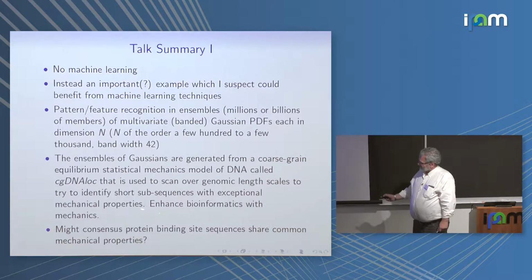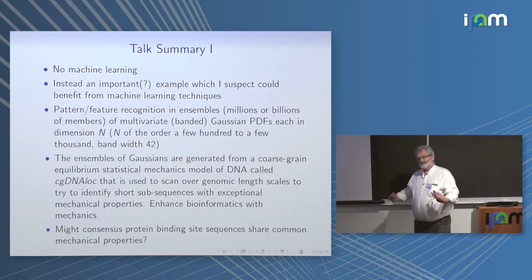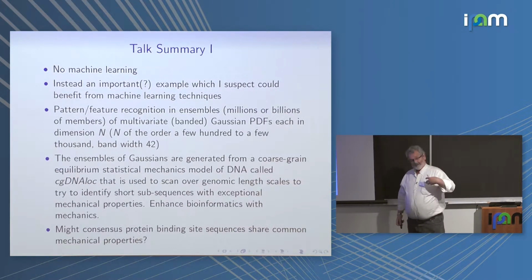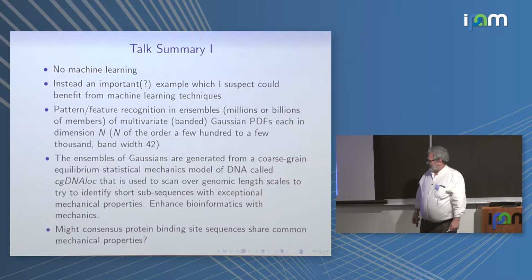The point is, there's a vast amount of information in bioinformatics, but it studies patterns in the alphabet of letters. I want to enhance that with mechanics. So the PDF will be something to do with the statistical mechanics, the physical properties of that fragment of DNA, which is something beyond knowing the list of letters in that fragment.